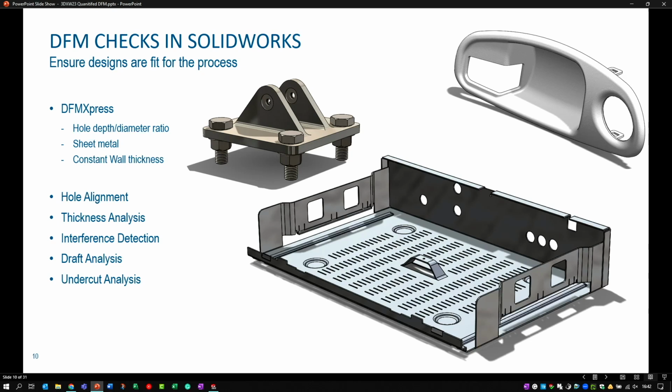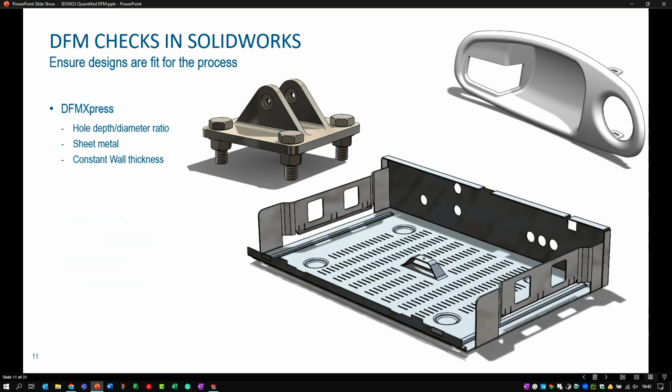So what I wanted to cover, I've got demos lined up for all of these: DFM Express, where we'll go through a range of examples, the hole alignment tool, thickness analysis, interference detection, draft analysis, and undercut detection. We'll start off with DFM Express.